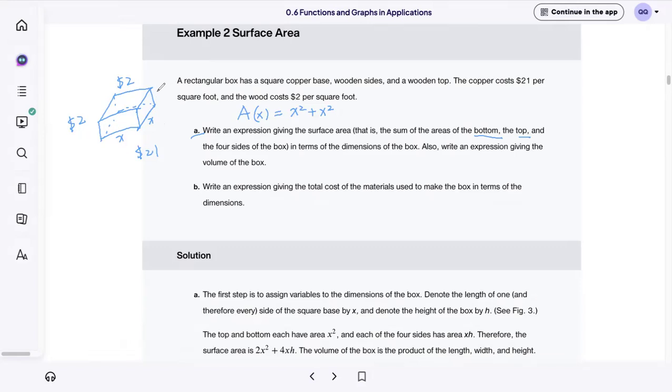The height we don't know, so let's use h. So plus 4xh: this side is xh, this side is xh, the other sides too. So I have four sides, 4xh. That's the surface area. We can simplify it a little bit: 2x squared plus 4xh, because we do not know the height of this box.